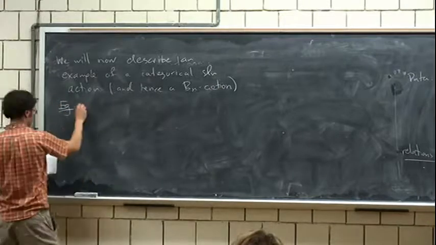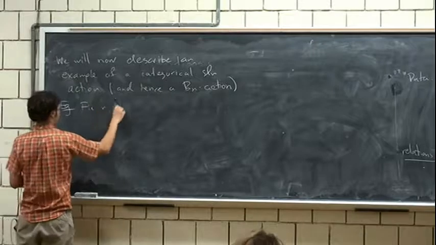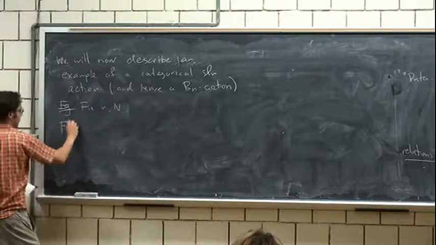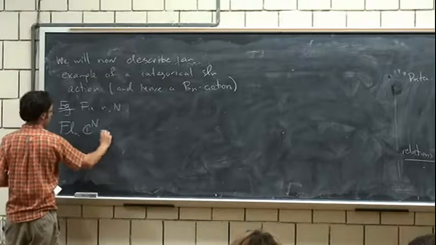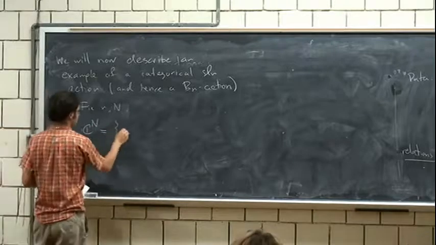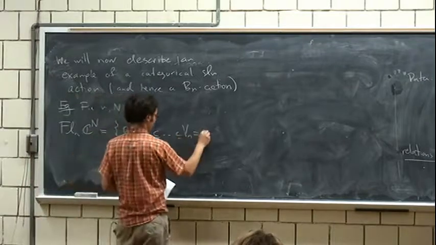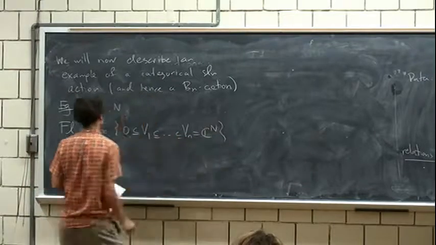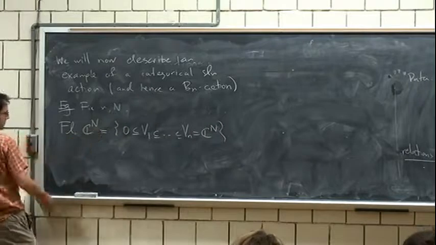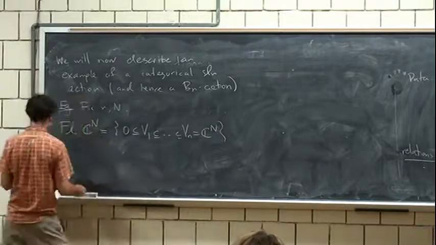So we fix two numbers, little n and capital N, and we study the variety of all little n step flags in C^N. So sequences of subspaces in C^N with n things in the sequence. This is a disconnected space, because I haven't specified what the dimensions of these V_i are.